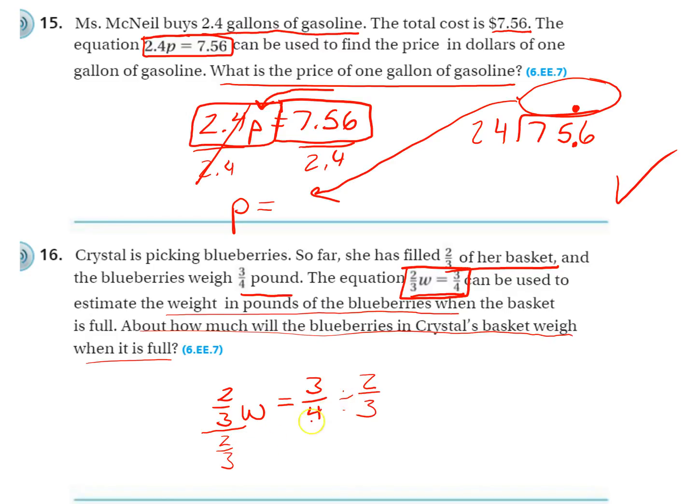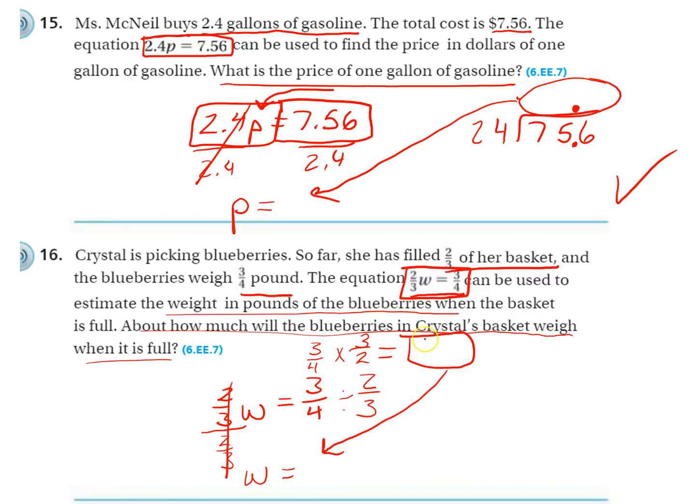And notice I just wrote the division sign in a different way, but they both mean divide. That cancels out the 2/3 on this side, leaving you with just W on the left side of the equal sign. And then on the right side, you can now do copy, change the division to multiplication, and do the reciprocal of the last fraction to find out what W equals.